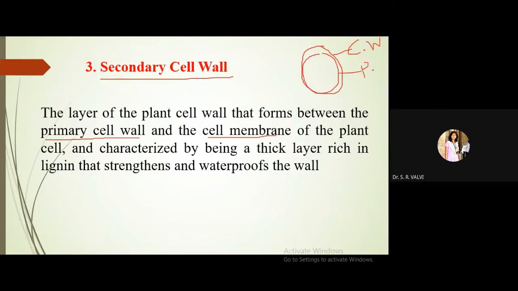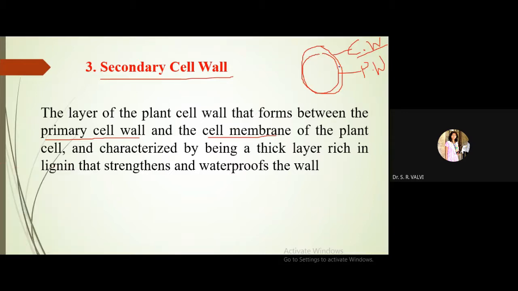Altogether we are not giving all the names of these walls, meaning we are not giving separate names to the middle lamella, primary wall and secondary wall. By combining these three layers, we call this layer the cell wall, right? So the secondary cell wall is in between. Let me change the color of my pen.